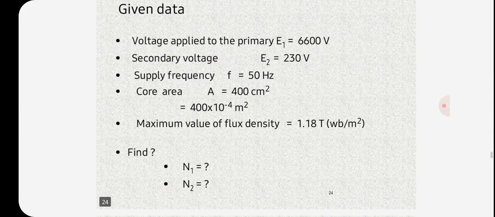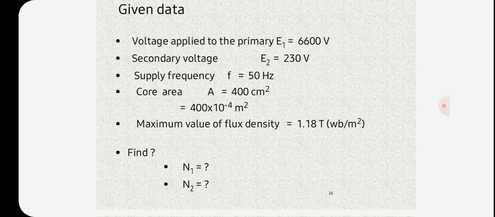In this problem they gave the voltage applied to the primary E1 equal to 6600 volts, secondary voltage E2 equal to 230 volts, supply frequency f equal to 50 Hz, and core area A equal to 400 centimeter square. We convert centimeter square into meter square, that is 10 to the power of minus 4, so 400 into 10 to the power of minus 4 meter square.